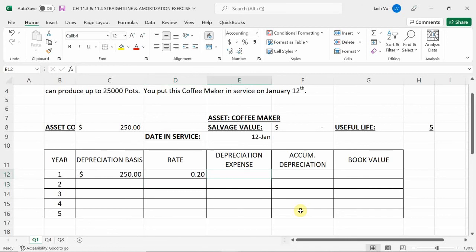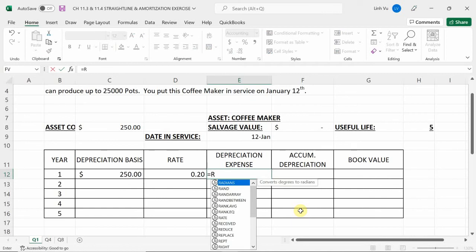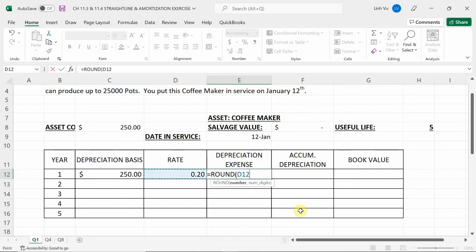So then what's my depreciation expense going to be? $50. Okay. So we're going to take my 250 and we're going to take 20% of that, and that's going to give me $50.